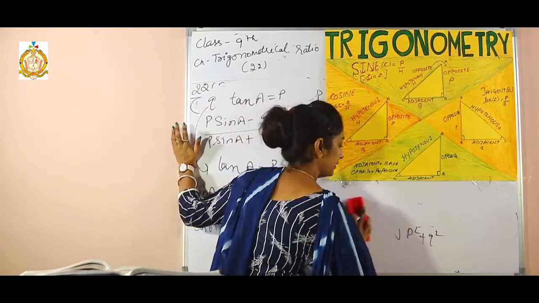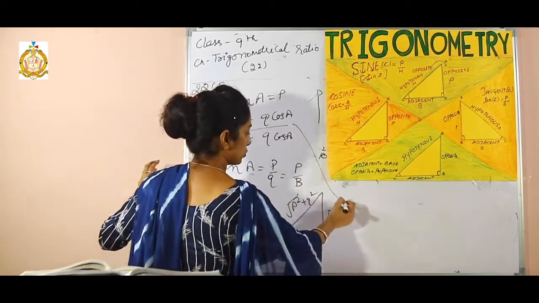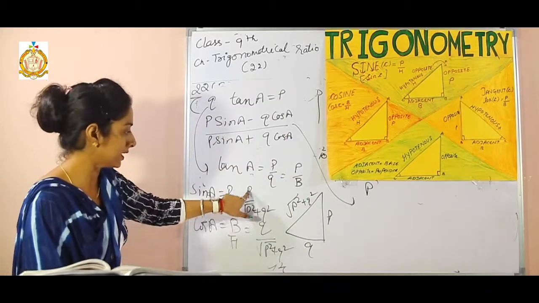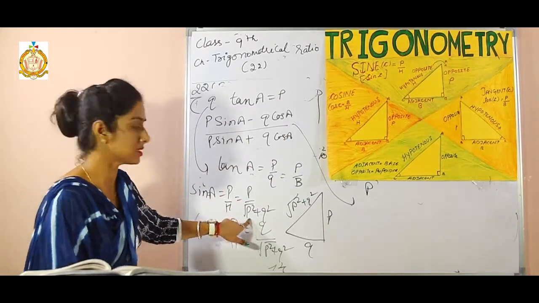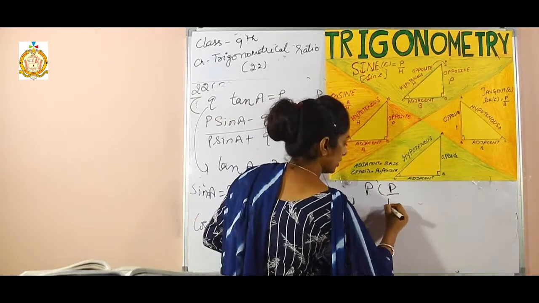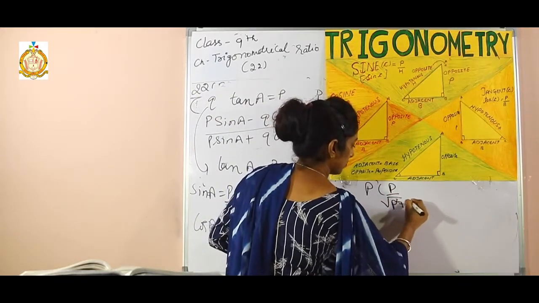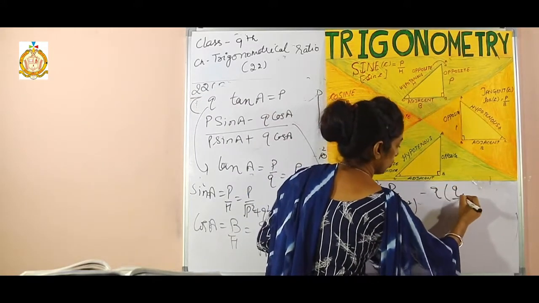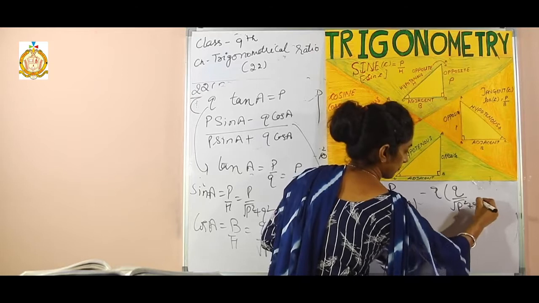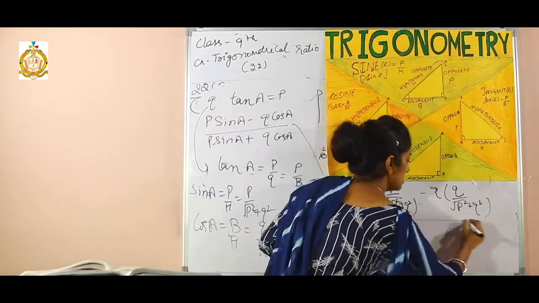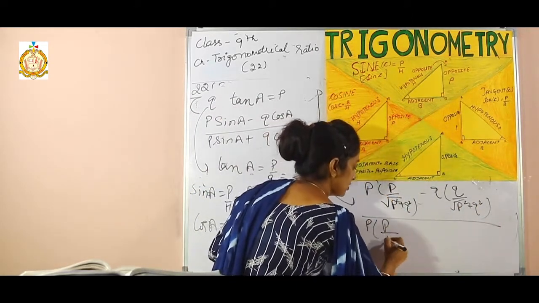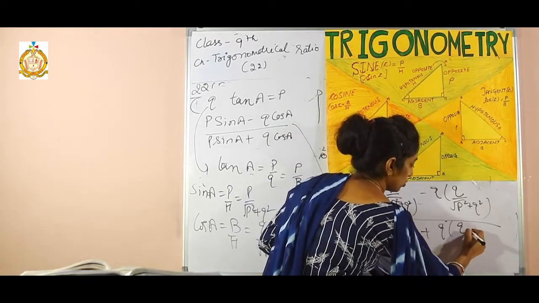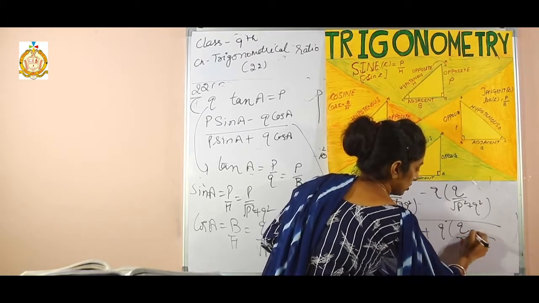See, we have to put the values in this equation. That is P sin A, and sin A is P over the square root of P square plus Q square, minus Q into Q over the square root of P square plus Q square, over P into P over the square root of P square plus Q square plus Q into Q over the square root of P square plus Q square.